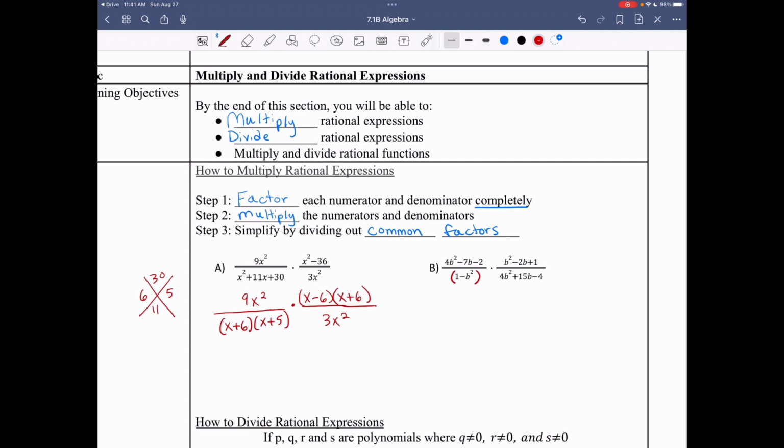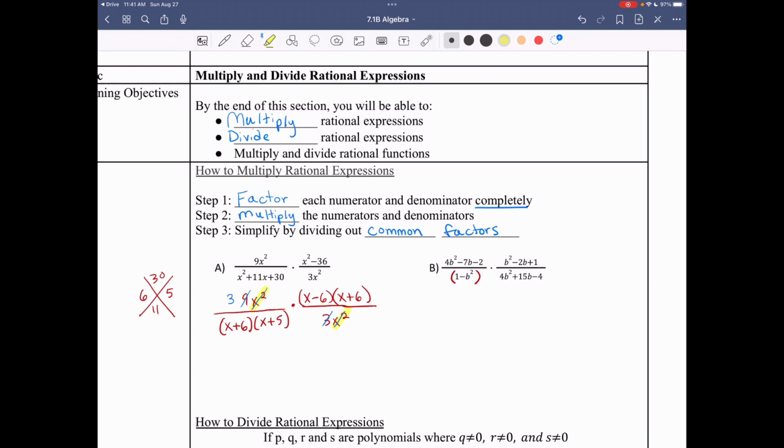I'm actually going to go a little bit out of order. I'm not going to multiply these yet because I know that this x squared and this x squared cancel, and then the 9 and the 3 cross cancel, and the 9 becomes a 3 because 9 divided by 3 is 3. So this all cancels, making our job a little bit easier.